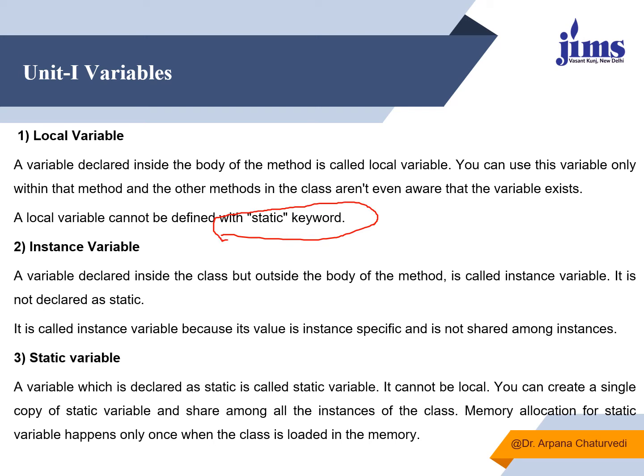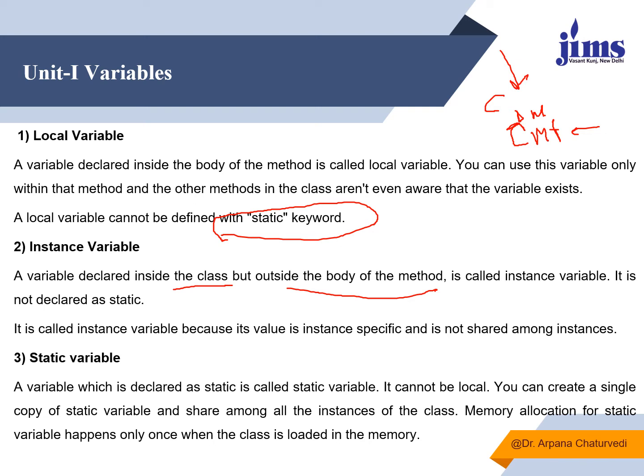Whereas instance variables are those variables which are inside the class but outside the body of a method, because I already told you that a class has data members and member functions. So the variables which we declare inside the member functions are local variables, whereas the variables declared outside the member functions but within the class are known as instance variables.